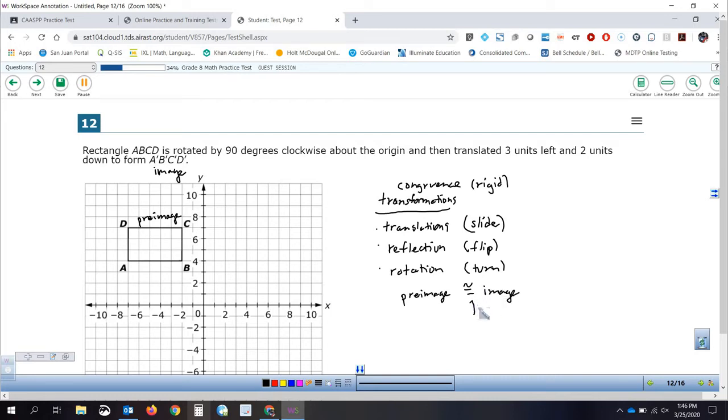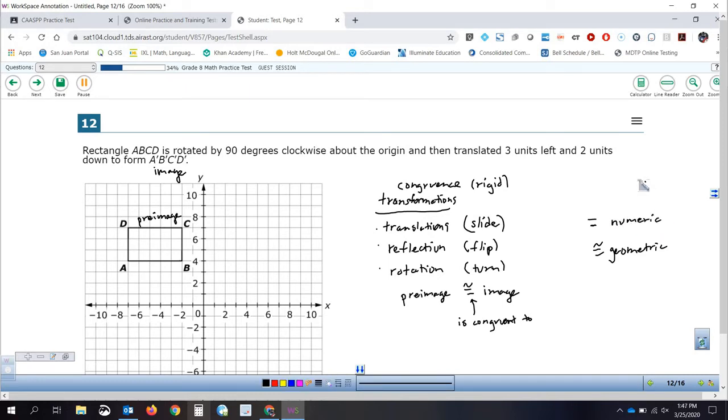That symbol right there doesn't mean equal, it means is congruent to. Equals applies to numbers, so equals is numeric, and congruent is geometric. Sometimes we get sloppy, like my writing.